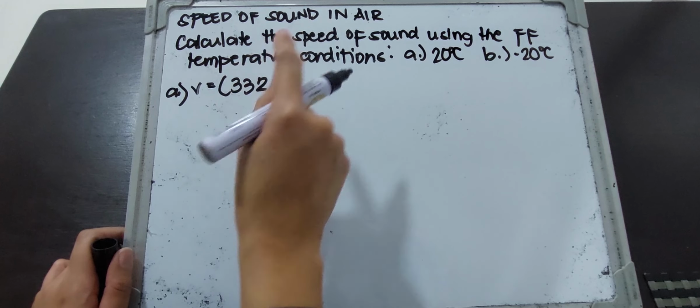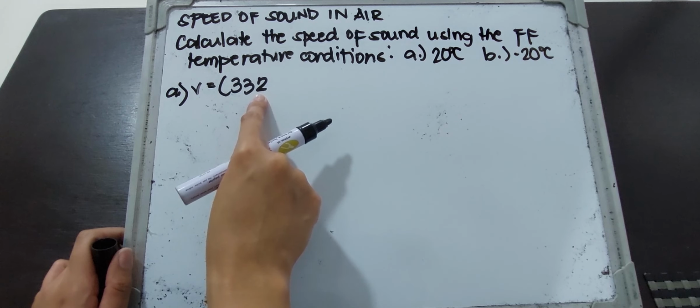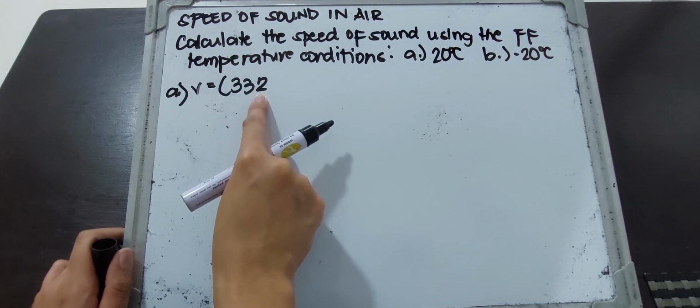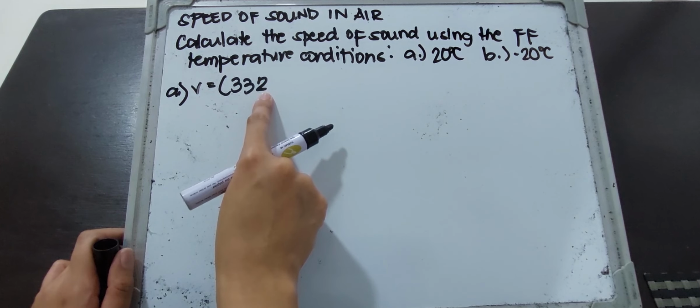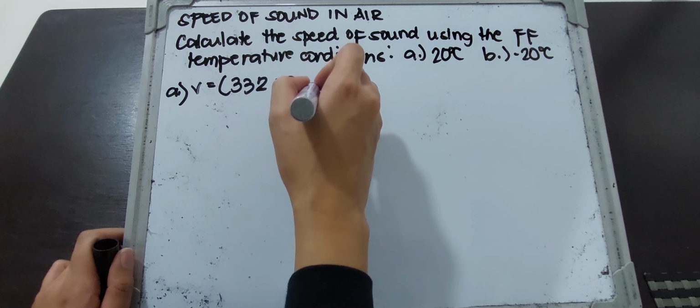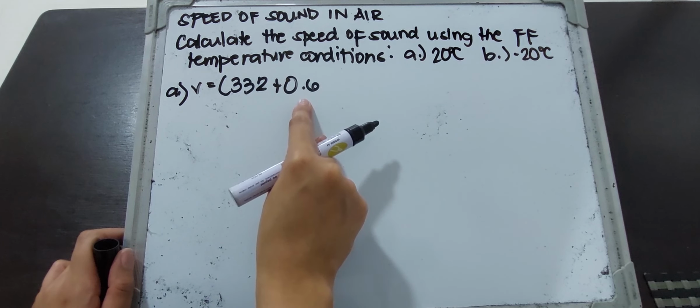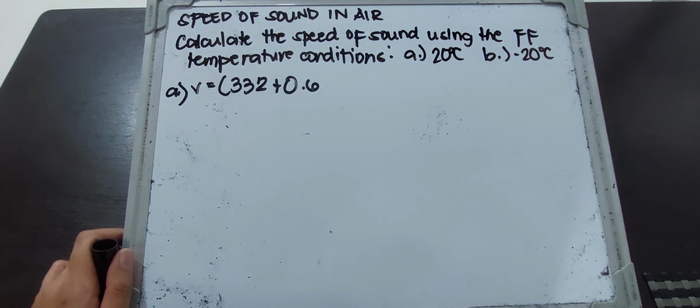332. Ito yung speed ng sound at 0 degrees Celsius and if the atmospheric pressure is constant, or normal. This was discussed in the concepts na discussion, plus 0.6. 0.6, ito yung dinadagdag sa speed of sound kada taas ng 1 temperature or 1 degree Celsius.